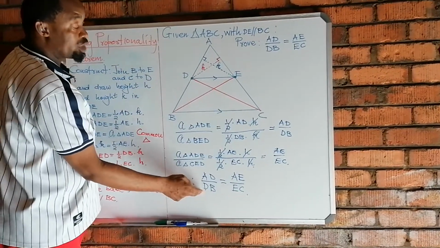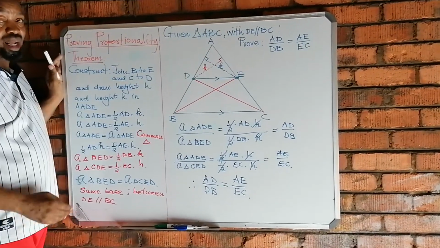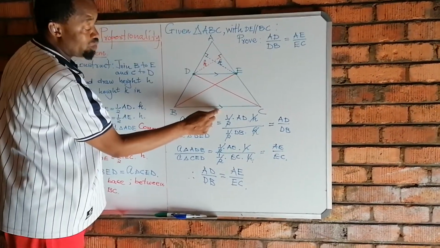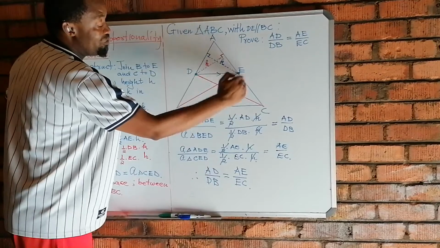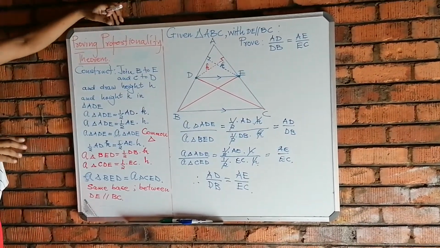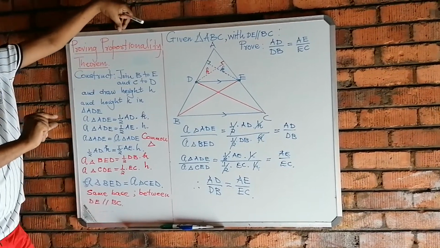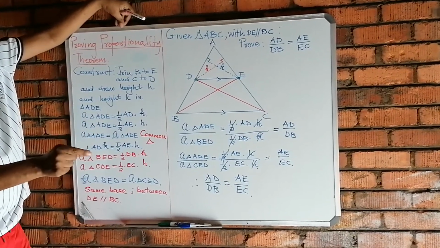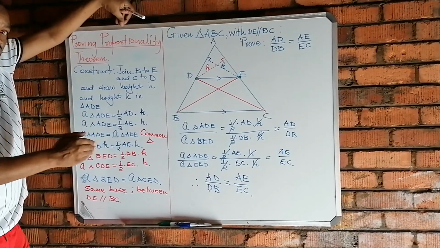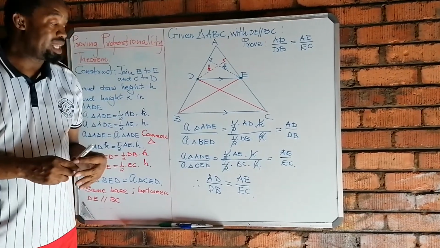We have actually proved the theorem that says a line drawn parallel to one side of a triangle divides the two other sides in the same proportion. What I want to drive home is that the basic knowledge that I gave you is very important.